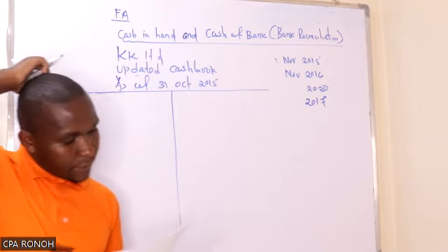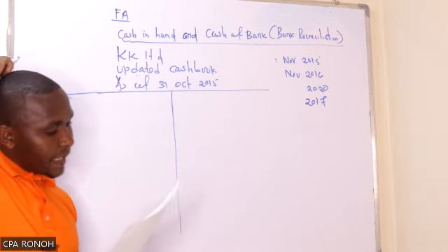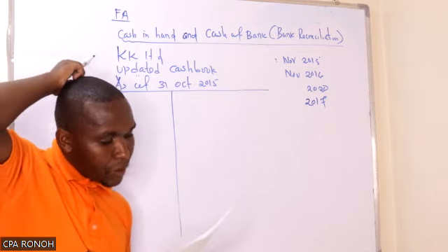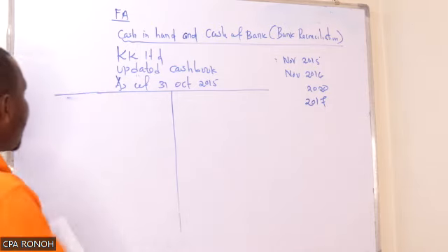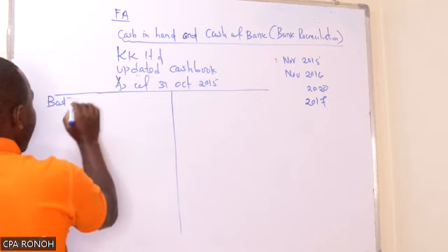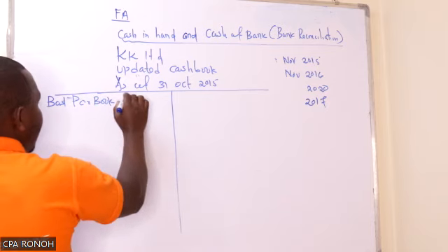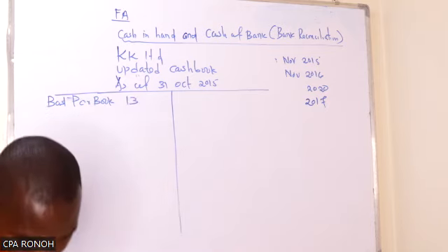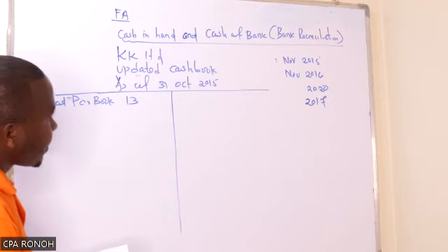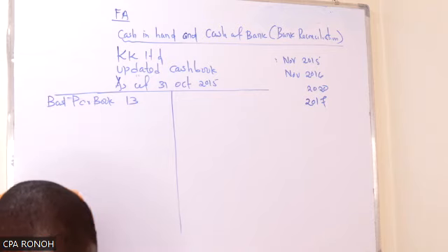Yes. So we have been told the cash book balance as of 1st October 2015 indicates a higher amount by that one. So you will write here balance as of, which is 13,820.